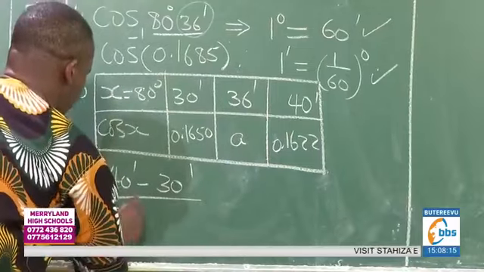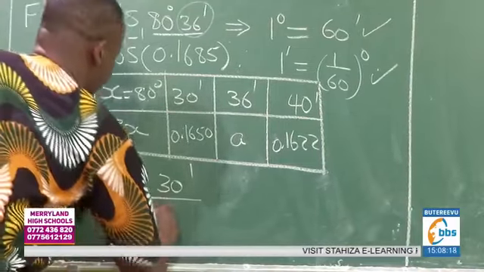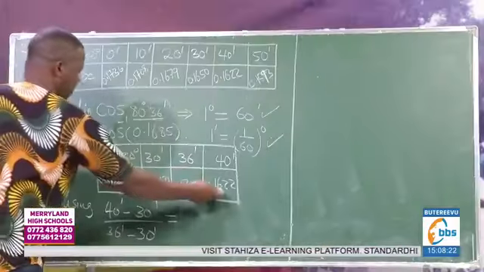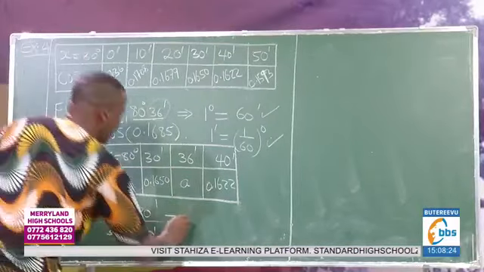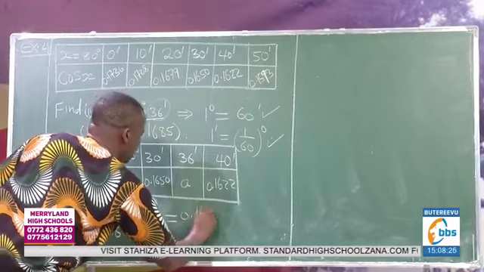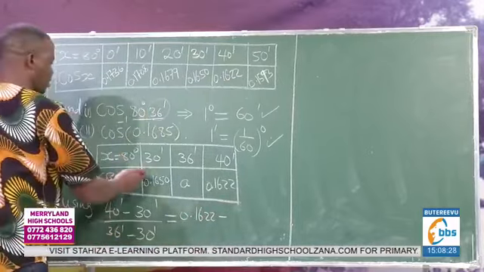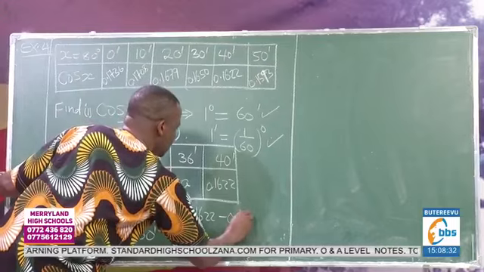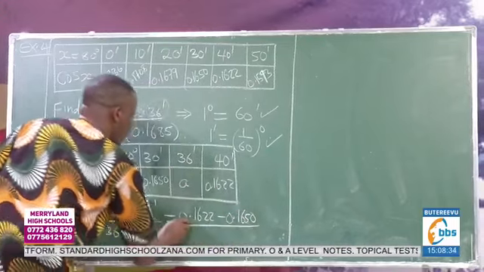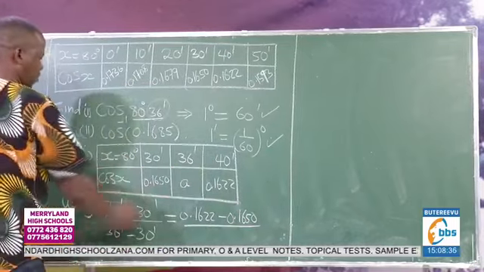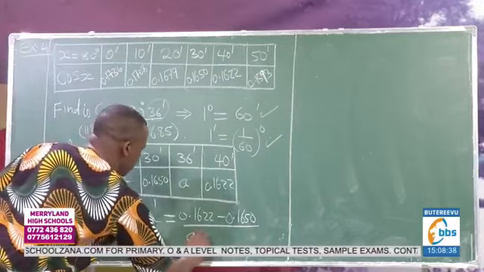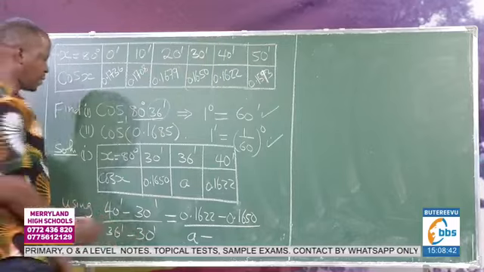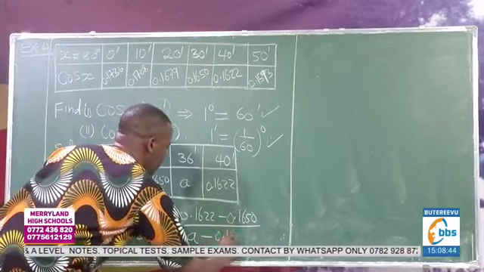So we can say over 36 minutes minus 30 minutes should be equal to the value that corresponds to the 40, that's 0.1622. We take away the value that corresponds to the 30, 0.1650, divide it by the value that corresponds to the 36, which we are looking for, that I have let be A, and we take away this value.